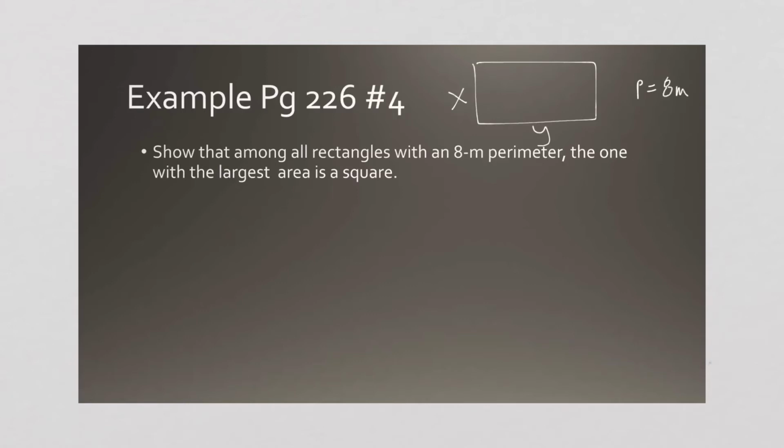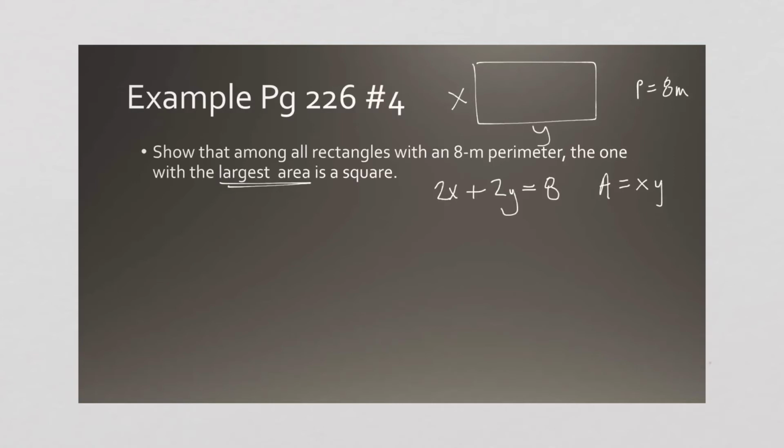Alright, so I know, based on perimeter, that 2x plus 2y has to equal 8. I also know that for area of my rectangle, because it's talking about the largest area, my other formula would be A equals x times y.